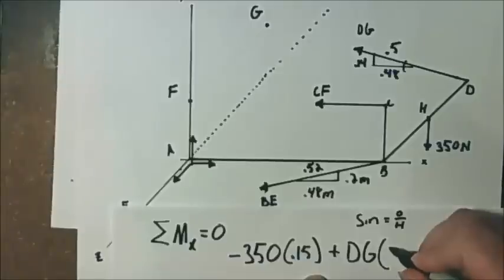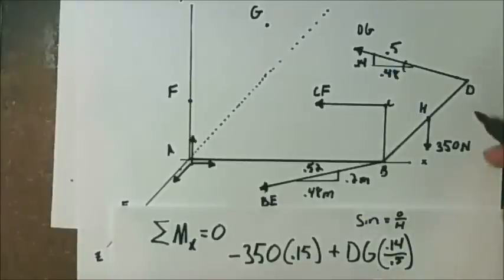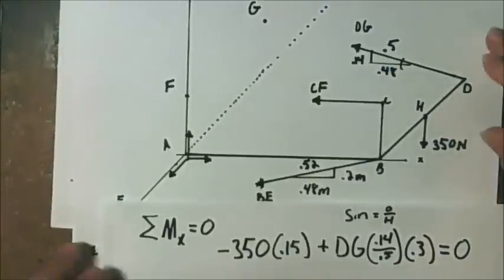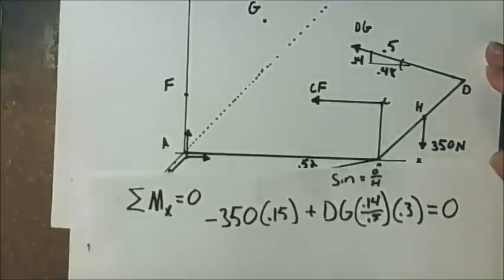So we're going to multiply this force by 0.14 over 0.5. This is the force times this perpendicular distance, which was 300 millimeters or 0.3 meters. Alright, and so all of this will equal 0 as the beam is in equilibrium.